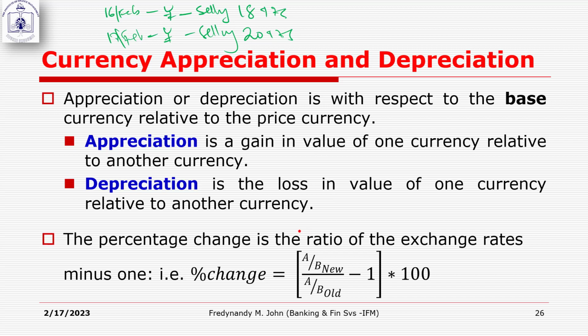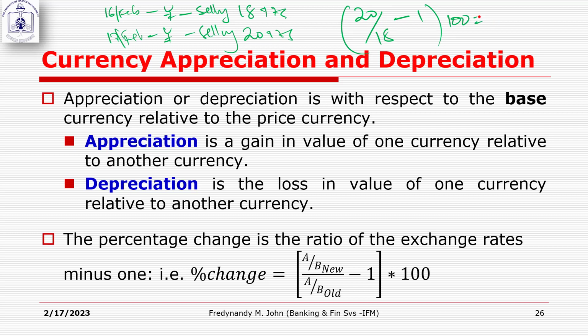Now, to determine the percentage change, all you have to do is divide the new rate, which is 20, by the old rate, which is 18. What you get from there, you minus 1, and the whole thing you multiply by 100.